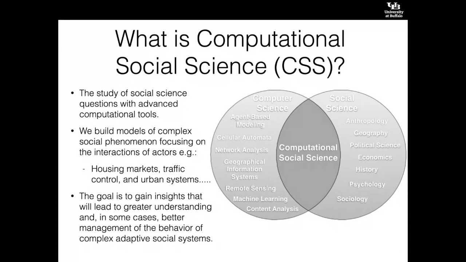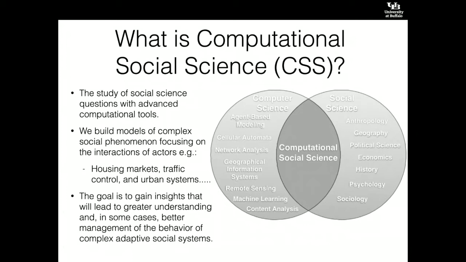It's really the people who make up the city, the urban systems, and the idea of computational social science and modeling is to gain a greater understanding of the system of interest. If we can understand these systems in greater detail, potentially we can better manage them. For example, if we understand how people buy and sell houses, and we can see a housing bubble emerging, is there something we can do to stop that from happening?